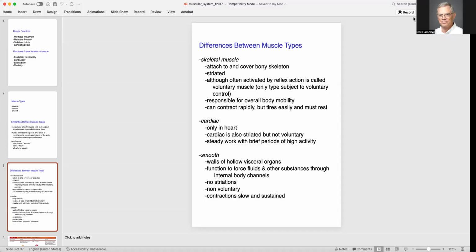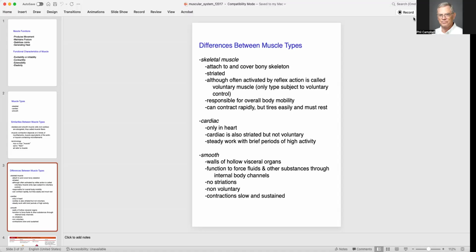Those are your circulatory system and your gastrointestinal tract, and they tend to be associated with slow rhythmic contraction-relaxation cycles. So they're not capable of fast responses, but slow responses. But considering what they're responsible for, that's very appropriate.